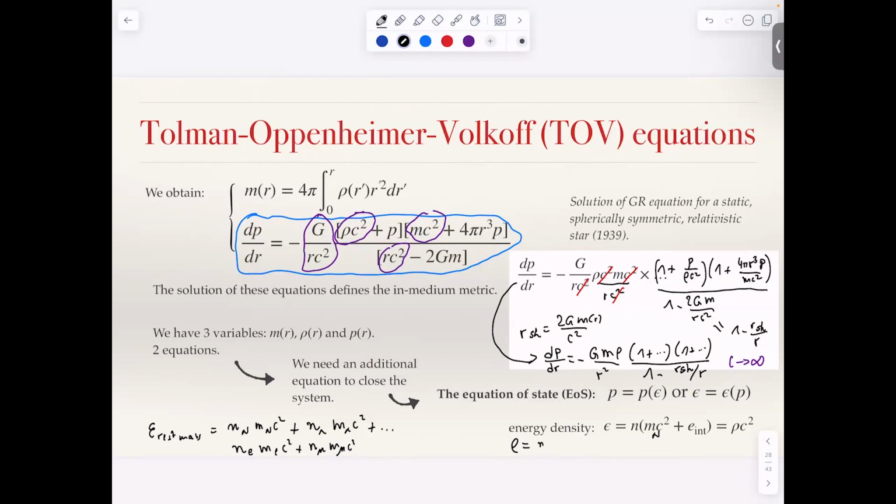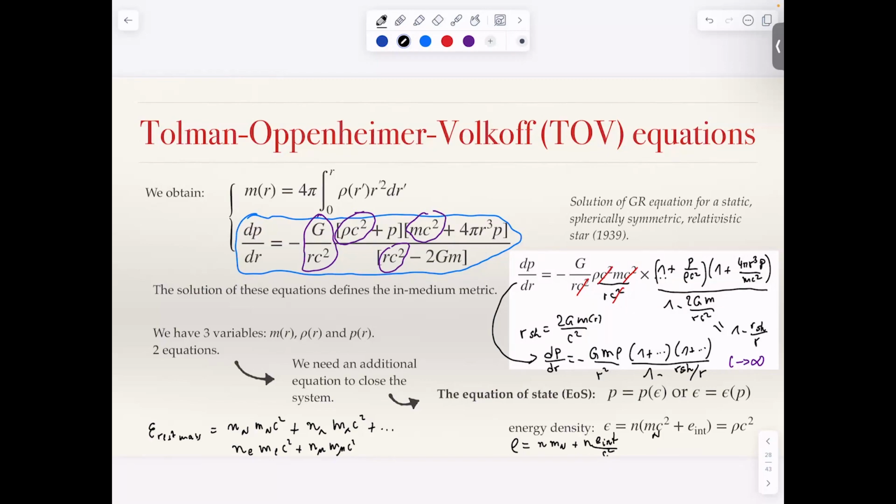So this is n times m_n, plus n times the internal energy divided by c square. Again, you see that if you take the limit of c going to infinity, you recover what you would introduce as a density in the Newtonian limit, which is just the contribution of the rest mass.